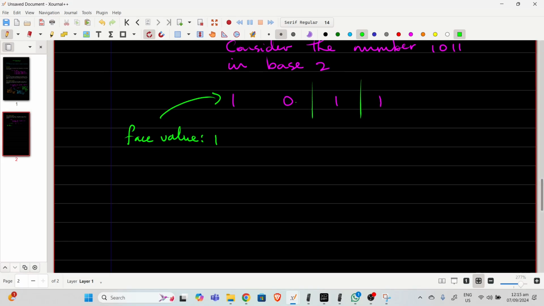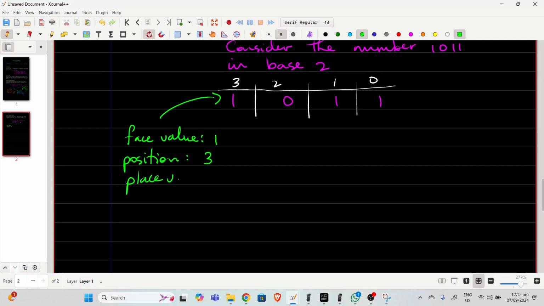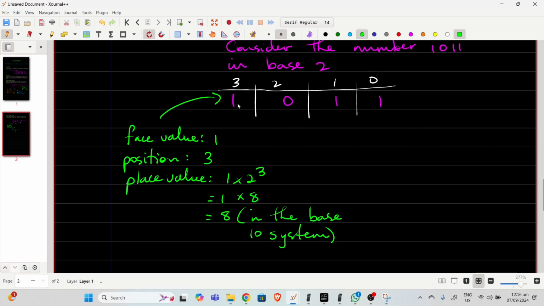The position goes 0, 1, 2, and then 3. So the face value is 1, the position would be 3, and then the place value would be 1 times 2 to the third power, which means we have 1 times 8, which means that we're going to have 8 in the base 10 number system. All right, so this digit alone represents 8.